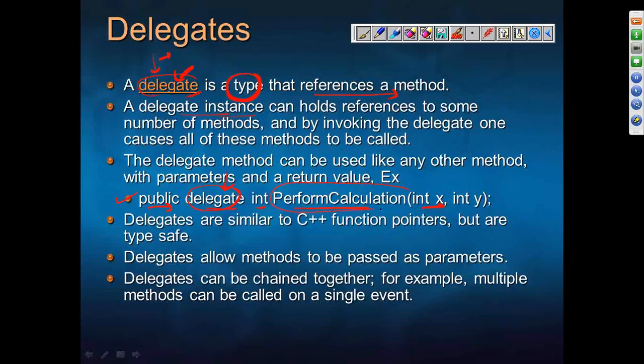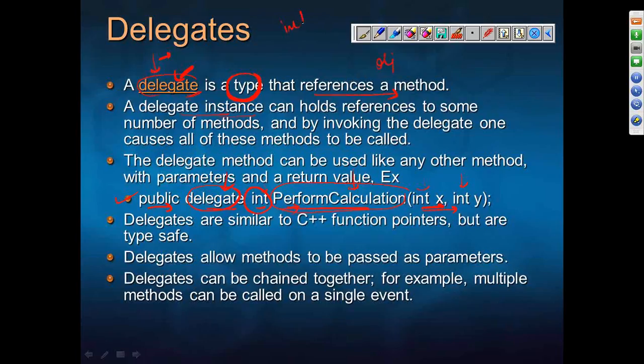So this delegate can refer to methods, but only those methods which follow the signature of this delegate. Methods which take two integer inputs and return an integer, this delegate can only refer to such a method. So let's say I created an object of this delegate, obj.